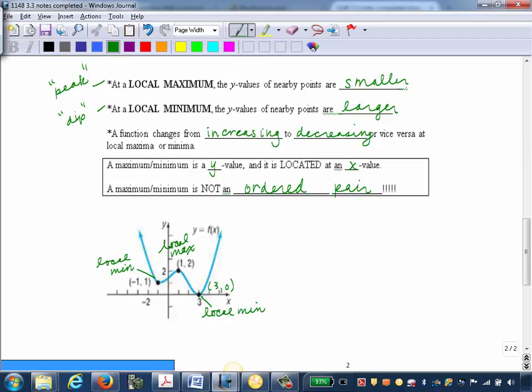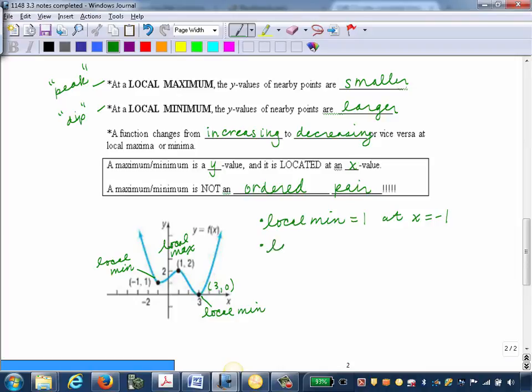So we can describe this graph and we can say it has a local minimum, or min for short, that is equal to 1. So the y-value at this dip is 1. And it's located at the x-value, negative 1.